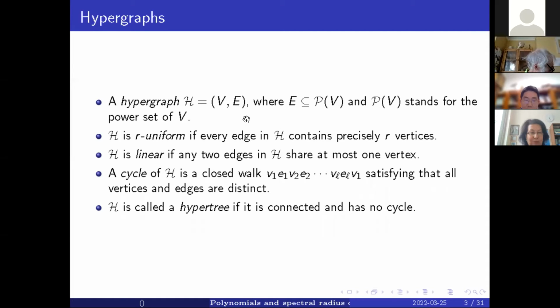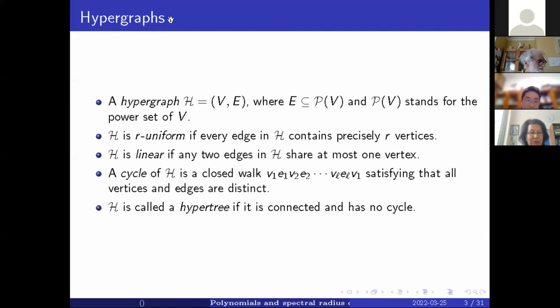A hypergraph may be viewed as a special case of block design, also called a set system. A hypergraph is r-uniform if every edge contains exactly r vertices. A hypergraph is linear if any two edges share at most one vertex.